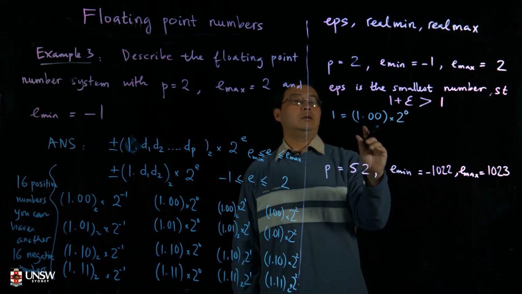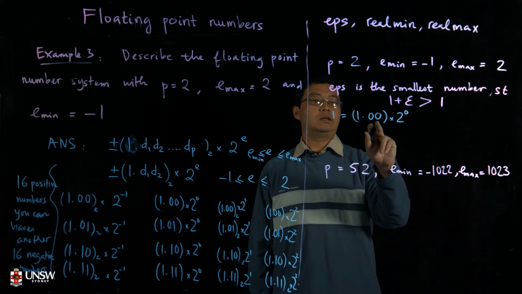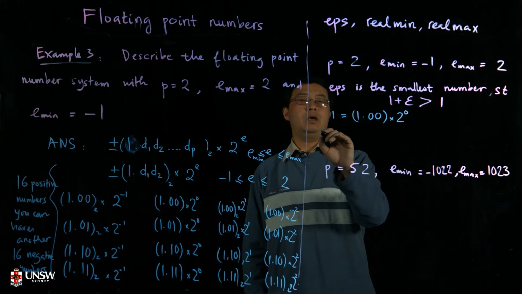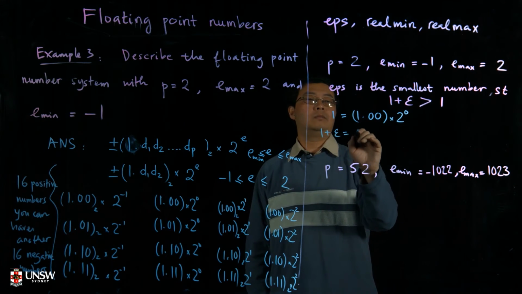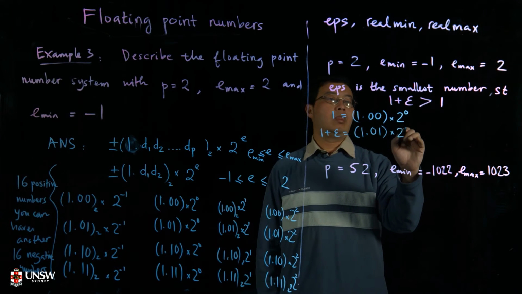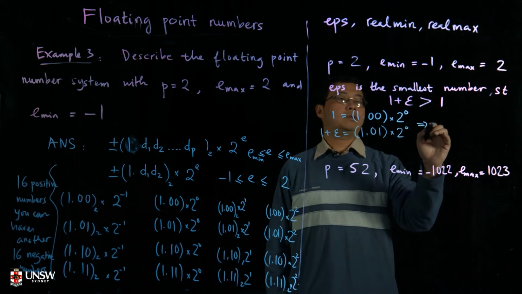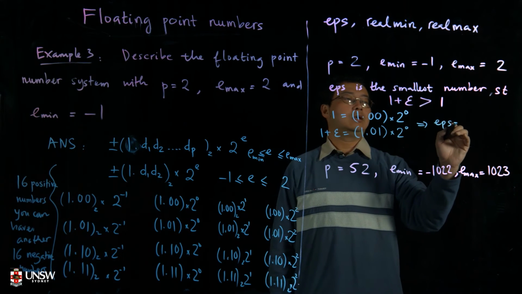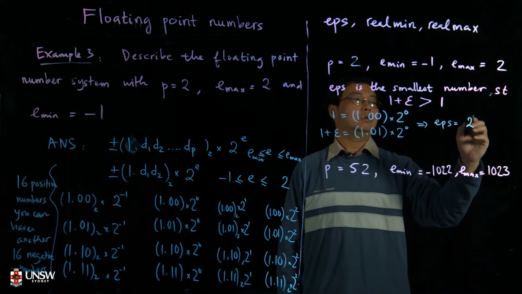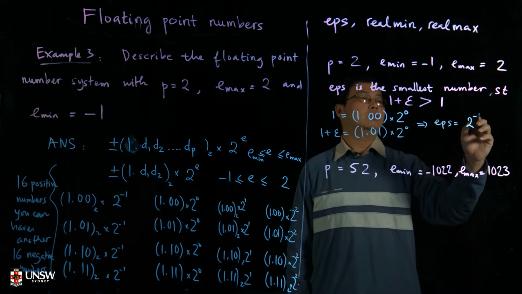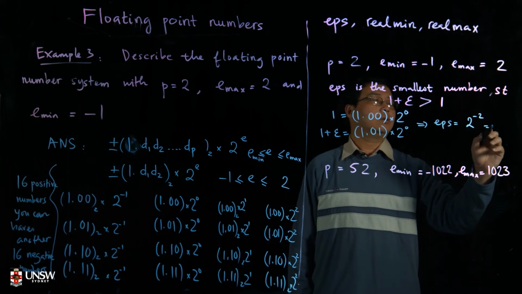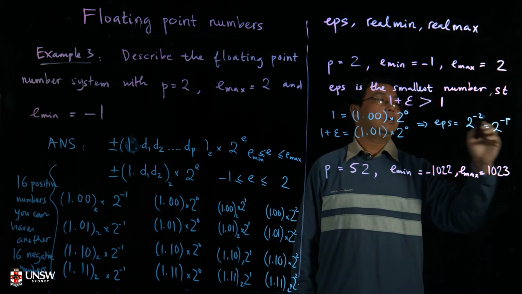And then you turn the last digit to 1, yeah? Then you get 1 plus epsilon. So therefore, epsilon in this case is just 2 to the minus p. Okay?